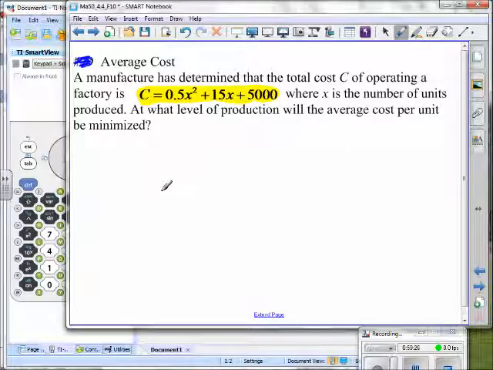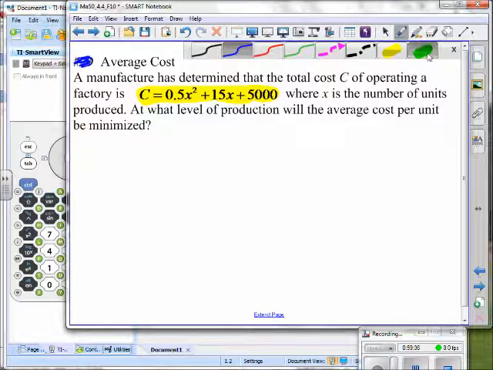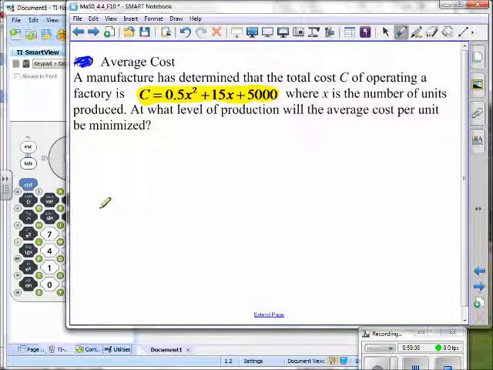Now, this one has a little different twist to it. This is cost. What are you asked to minimize? Cost or something else? Average cost per unit. That's not the same thing as cost. It's average cost per unit.